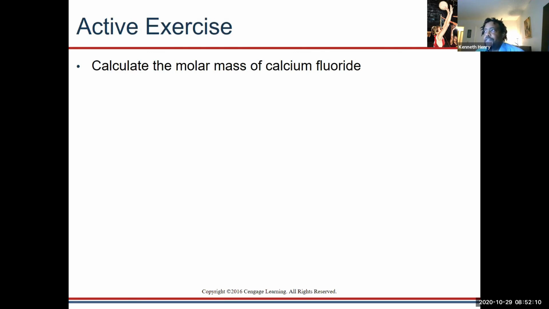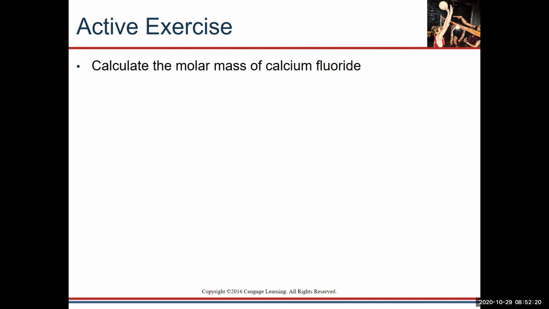Calculate the molar mass of calcium fluoride. Whitney, chemical formula for calcium fluoride? That is correct.